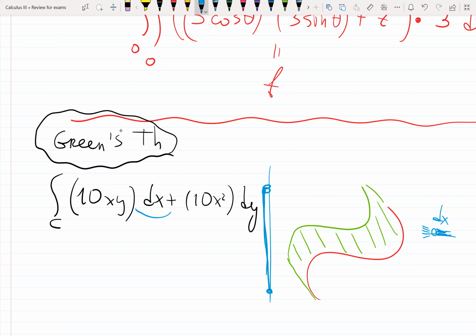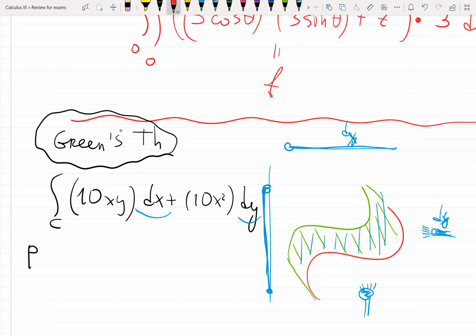If you have a flashlight over here, he has a very nice picture in his PDF, then it will be dy, and vice versa, I think. Yeah, dy, dx, on the floor. Then it will be this one. And then collecting the shadows together gives you the area between those two, which is the fence. Pretty cool idea. So how do you do that? You need to remember the notation.